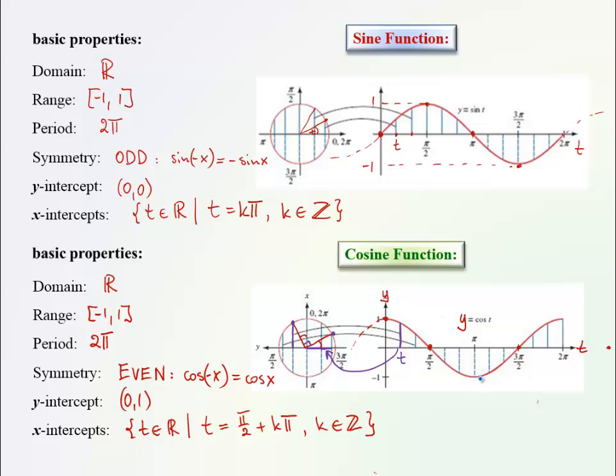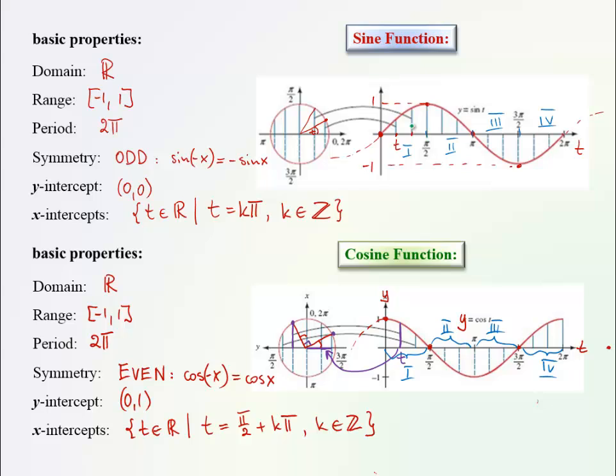And as I mentioned before, this full period is cut into 4 segments, 4 equal sections. Those sections correspond to 4 quadrants. So it's quadrant 1, 2, 3, 4. And similarly for sine, 1, 2, 3, and 4.